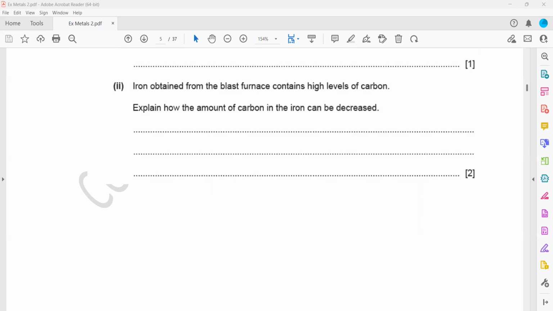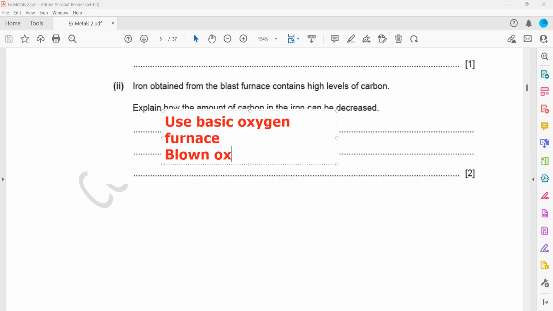For that purpose, we'll use a basic oxygen furnace and blow oxygen, which reacts with carbon to give carbon dioxide.